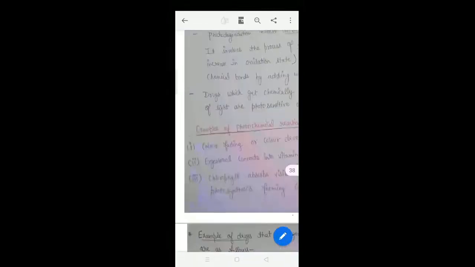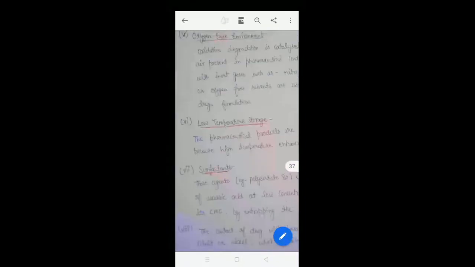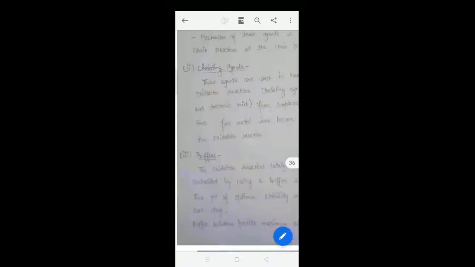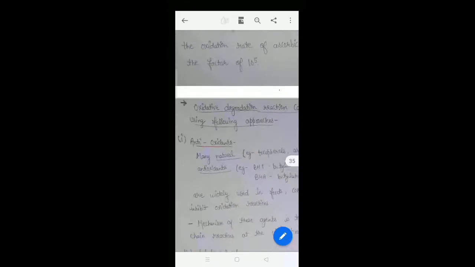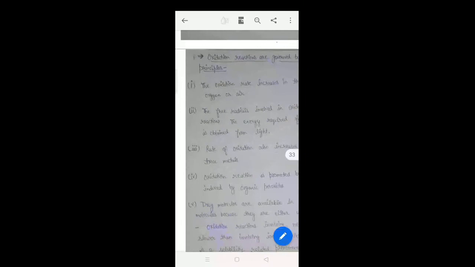In that, the most important pathways that we have considered are hydrolysis, oxidation, and in the oxidation, yeah, until this we have covered.